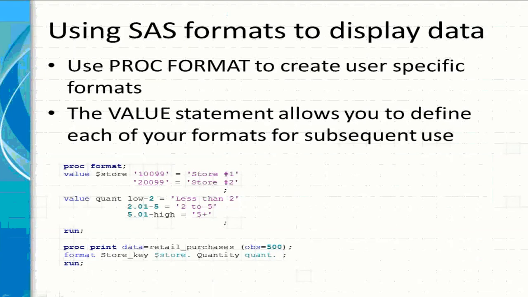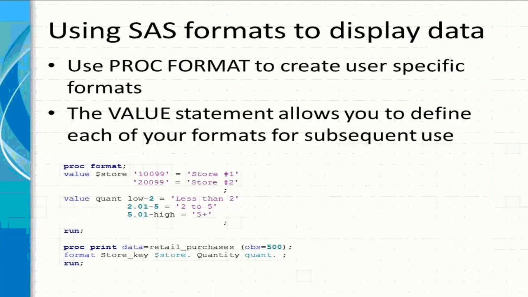Okay, now another useful tip when it comes to displaying data is to use proc format prior to another procedure. Okay, so in this particular example, you could create a format for the store variable, so that rather than displaying the store code, you actually display a text, so store number 1 or store number 2 or what have you.